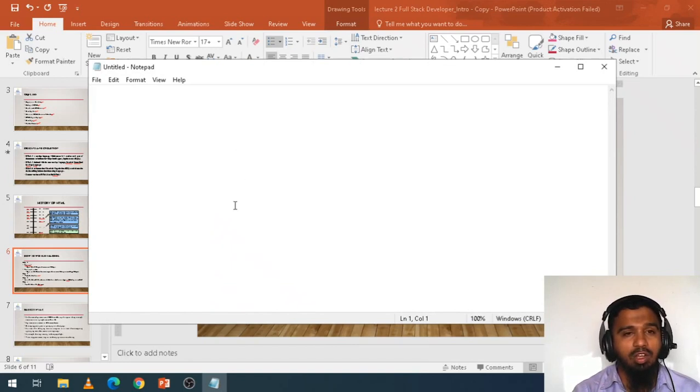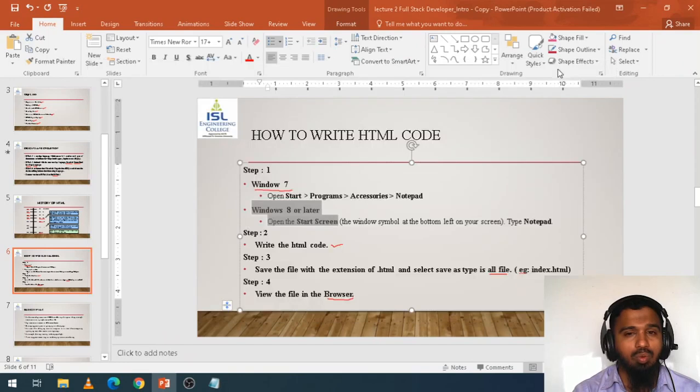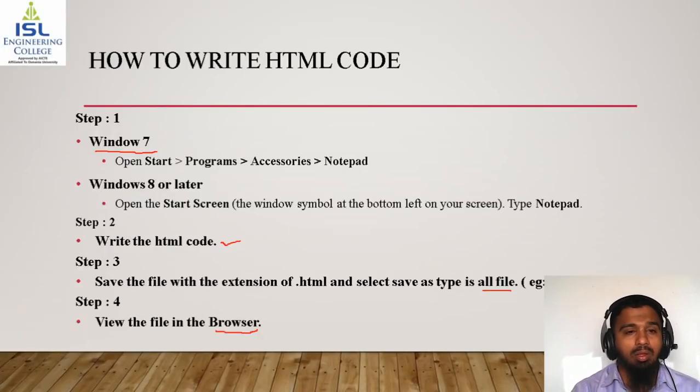So here you need to write the HTML code. Clear? Then after writing the HTML code, I will show you how to save the file. So this is how to open Notepad in Windows.